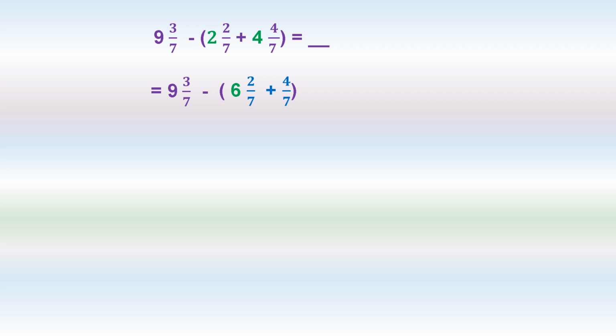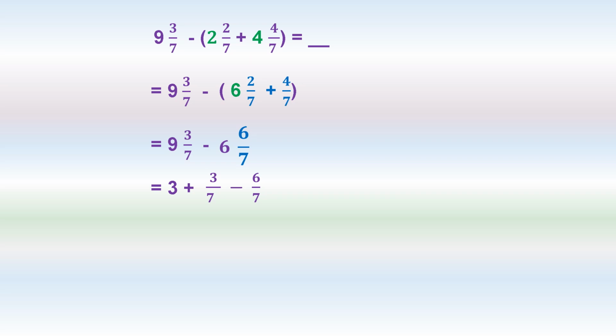So we're going to bring down the 9 and 3/7, and then we're going to say 6 and 6/7. Now we can subtract the whole numbers. So 9 subtract 6 is 3, and then we're going to bring down the 3 and 3/7, subtract 6 and 6/7.